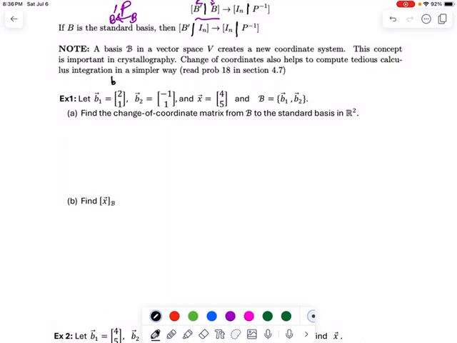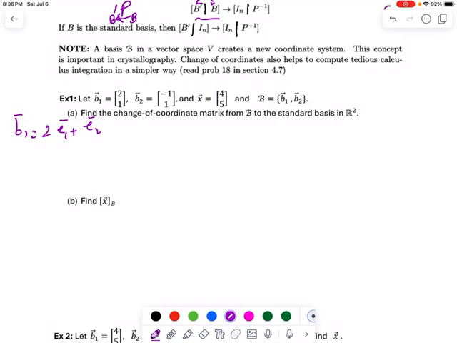So B1 is actually equal to 2E1 plus E2. We don't need to write it like this, but you should understand that when they are written like this, we are using the standard basis vectors.